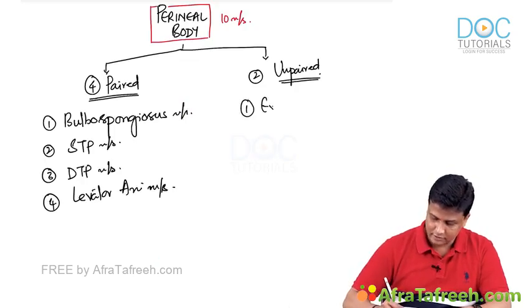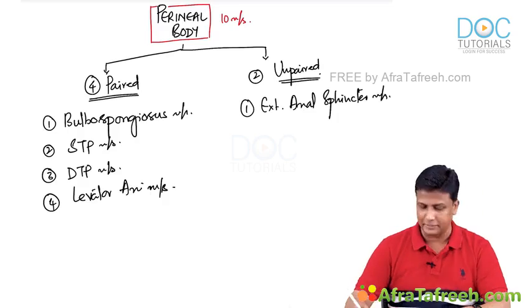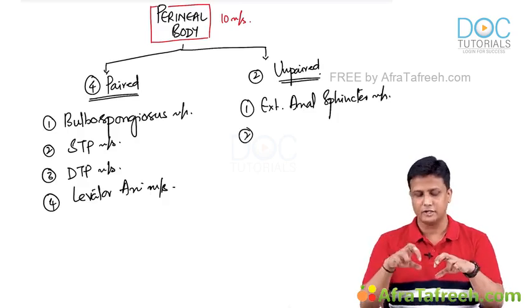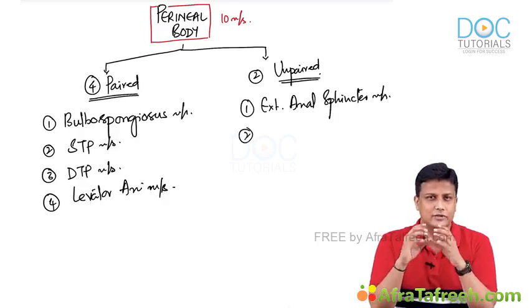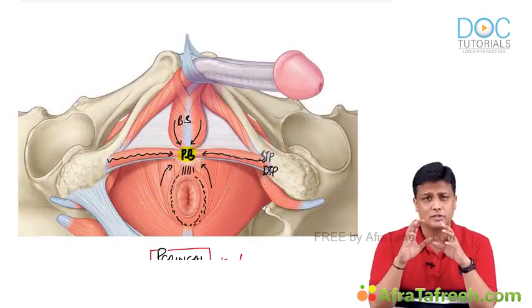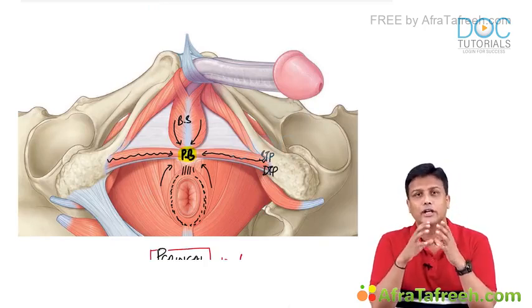So the external anal sphincter muscle is one unpaired muscle. And the last and final one, which is meeting at the perineal body, will be the muscle present inside, guys, which we cannot show in the diagram here. So you just have to imagine inside you have got the anal canal, and in the wall of the anal canal you'll actually have the longitudinal muscles.